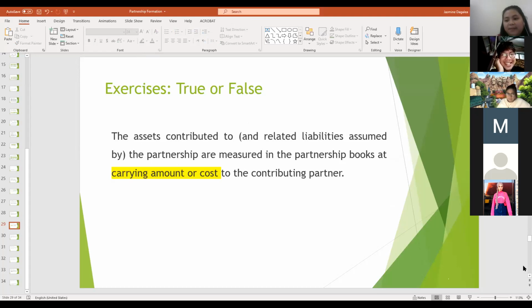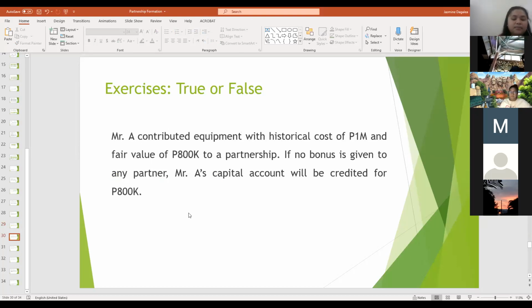May trick sa problem. Para hindi kayo magkamali next time. So, ang tamang sagot dito ay false kasi dapat fair value of the assets, not the carrying amount or not the cost.